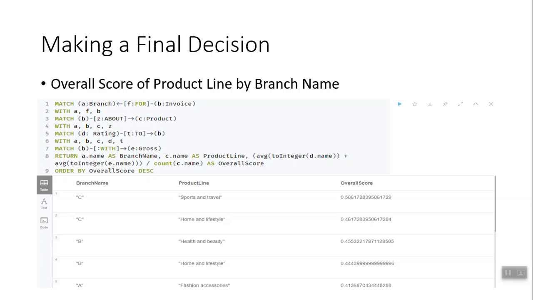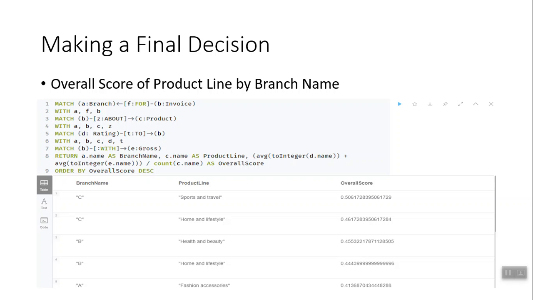I took the average product line rating for invoice and added that to the average gross income for a product line by invoice, added those two averages together, and took that sum and divided it by the total number of times that product line appeared amongst invoices for a given branch. So in summary, I got an overall score of a product line for a branch.